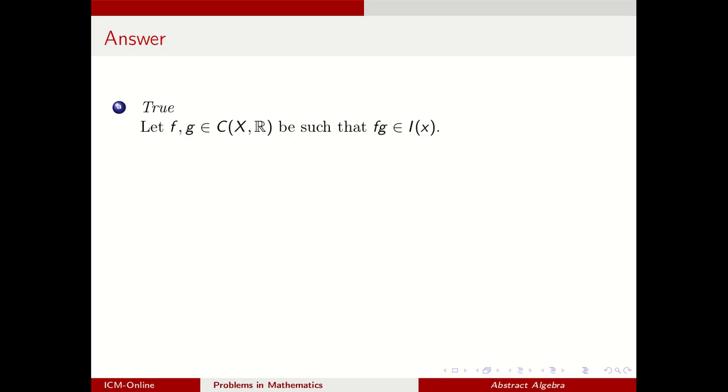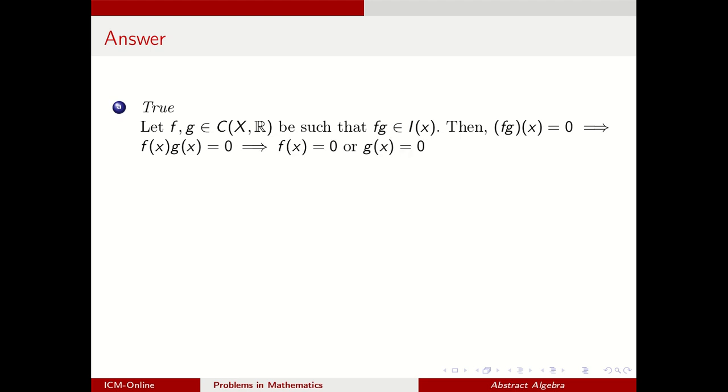Let f, g be two functions in C(X, R) such that their product fg is in I(x). Then, by the definition of I(x), fg(x) = 0, which means f(x) times g(x) equals 0.